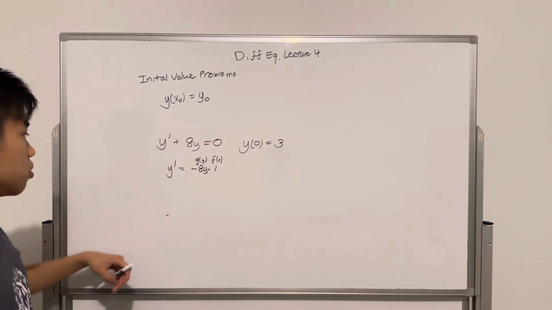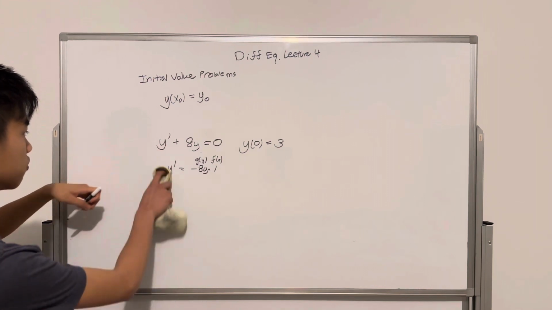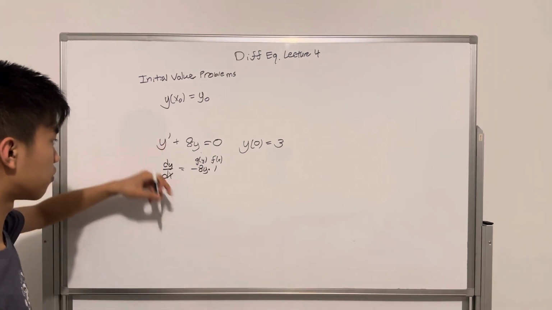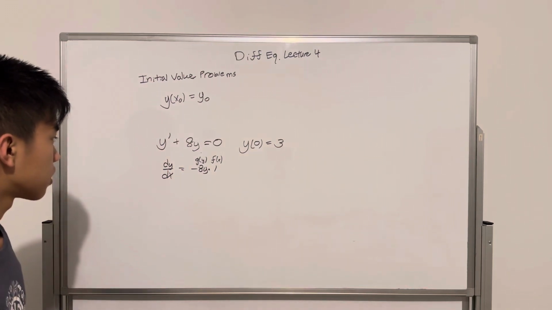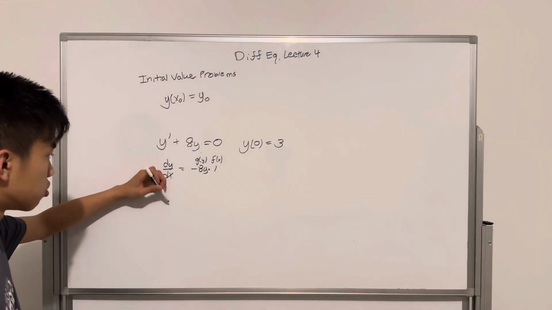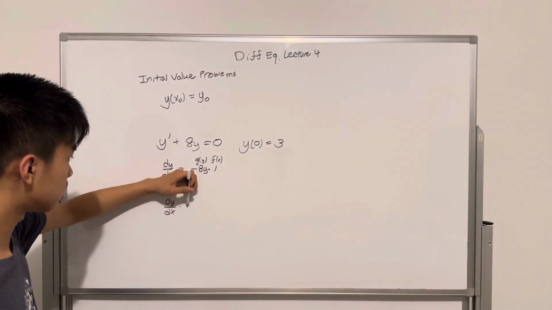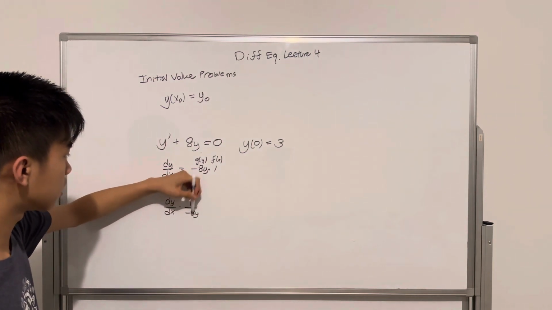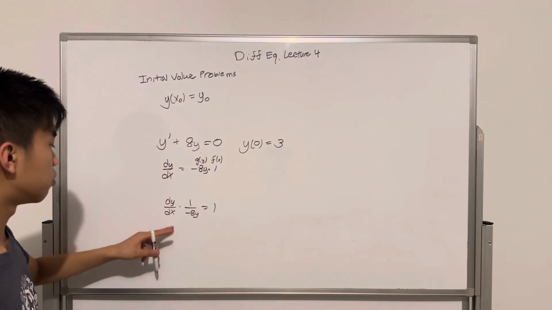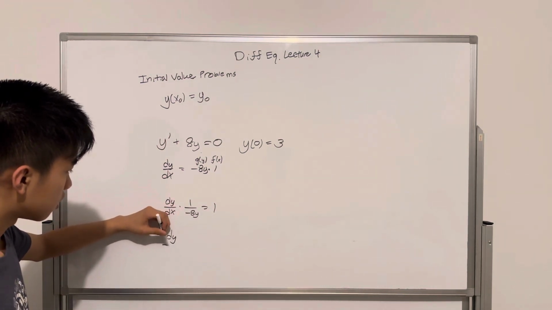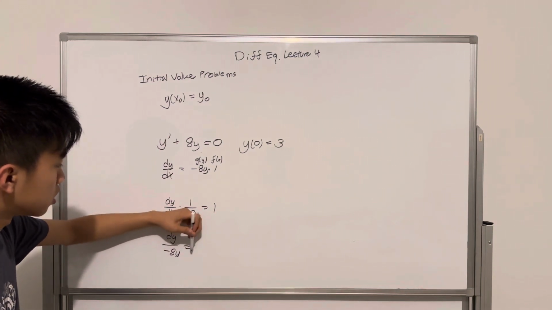So we can start off by converting this y prime into dy dx and dividing both sides by negative 8y. We now have dy over dx times 1 over negative 8y equals 1. We can multiply both sides by dx, so we now have dy over negative 8y equals dx.